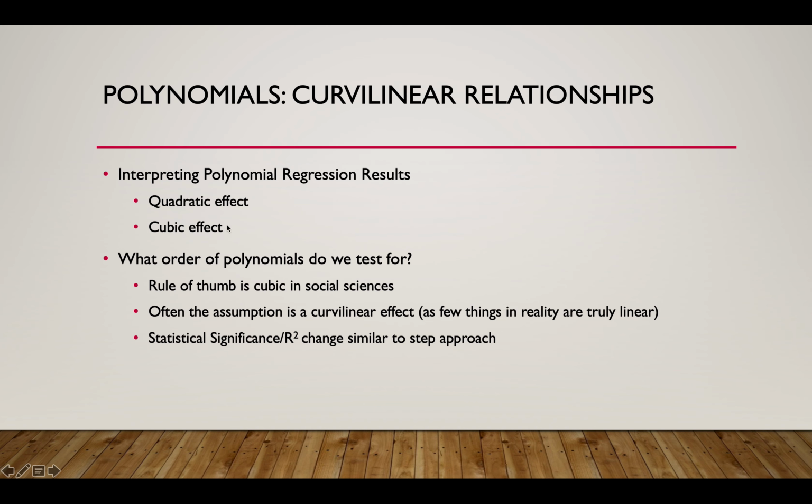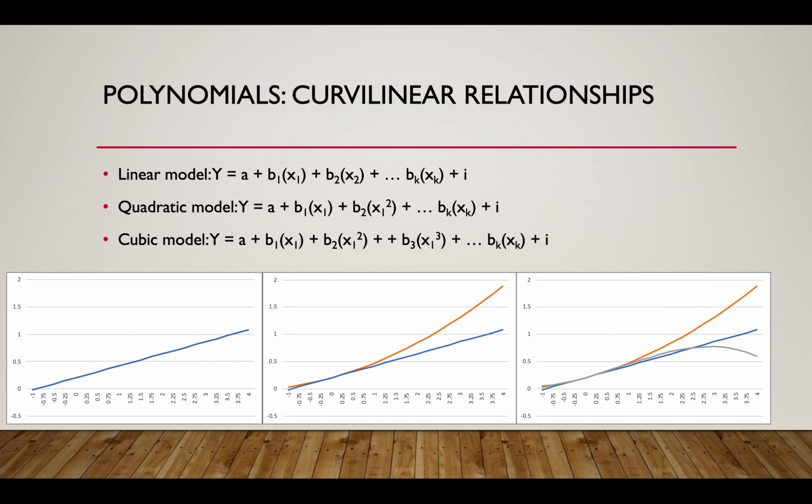That brings us to the next thing. Cubic effects actually talk about the next bend in your data. If you have three positives, then what you're talking about is a rate of change, a normal linear rate of change, an acceleration in that rate of change, and then a peak in that rate of change because it would continue to trend upwards.